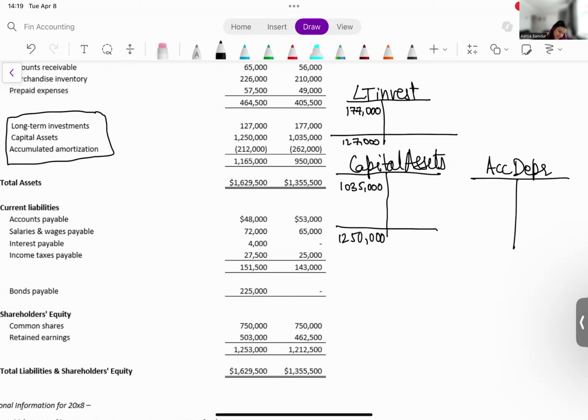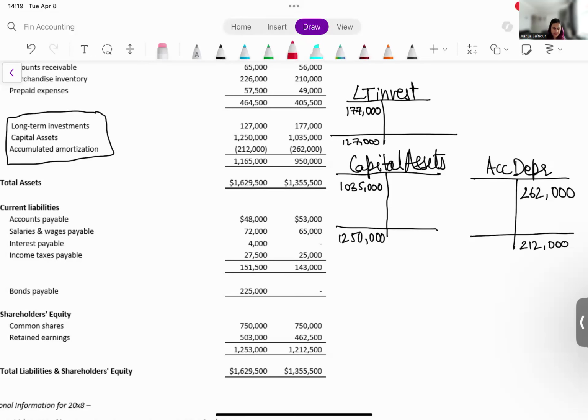And lastly, let's do depreciation. So here we have credit balances. We have 262, 123 and 2121. Perfect. Now let's see what all additions and subtractions happen here.